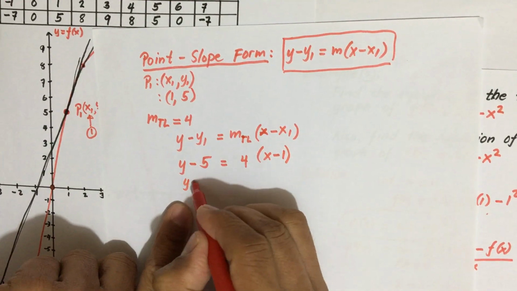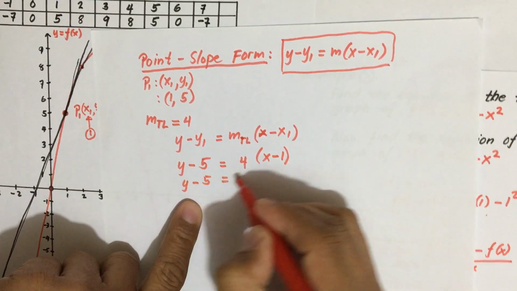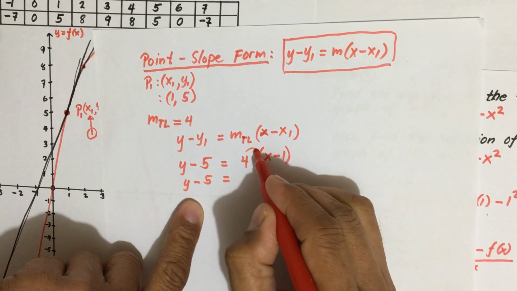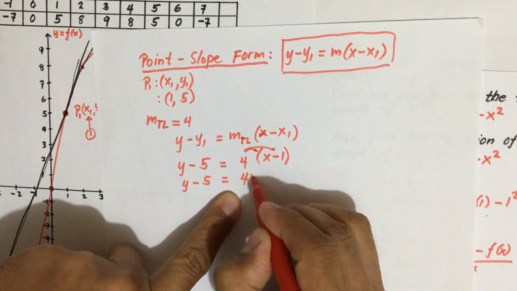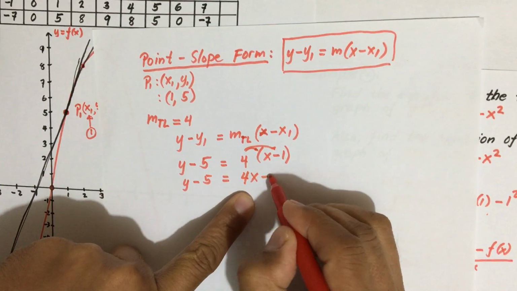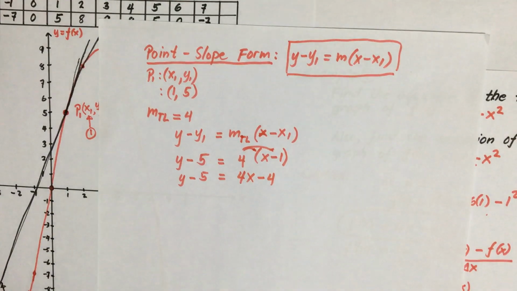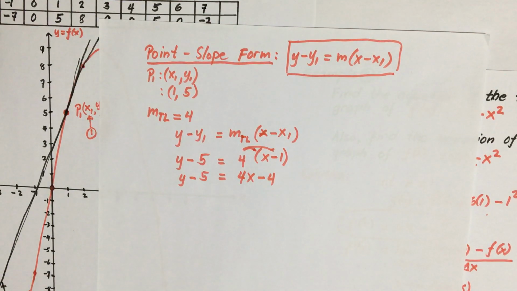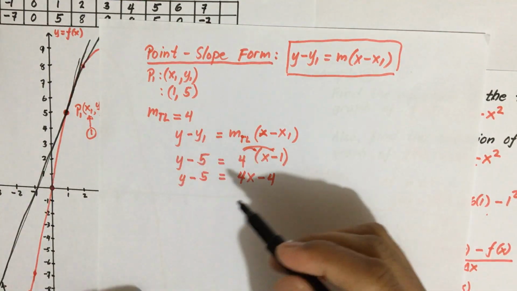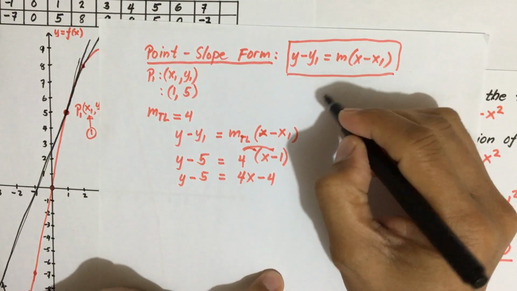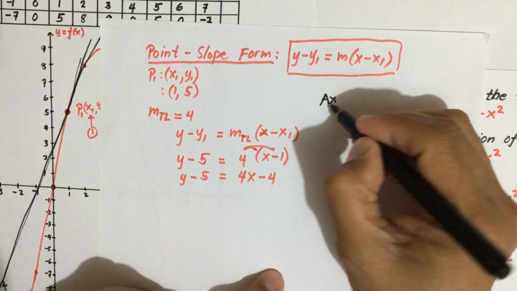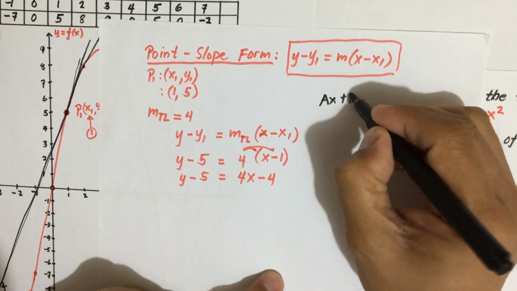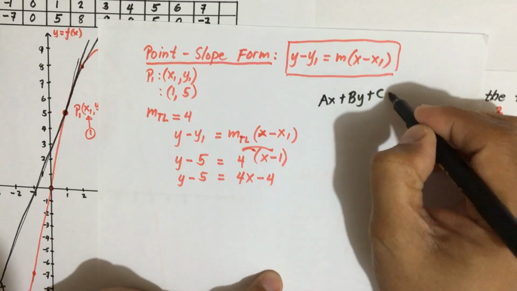So y minus 5 equal to, distribute and multiply. So we have 4 times x is 4x, 4 times minus 1 is minus 4. Now we have to follow the standard form of the equation. This is a line, so the standard equation or the general form of the line is Ax plus By plus C equal to 0.